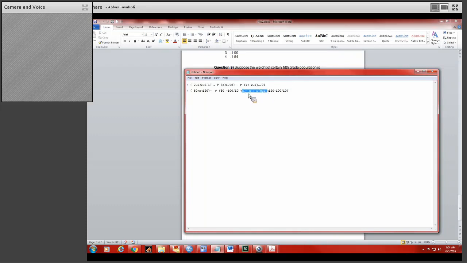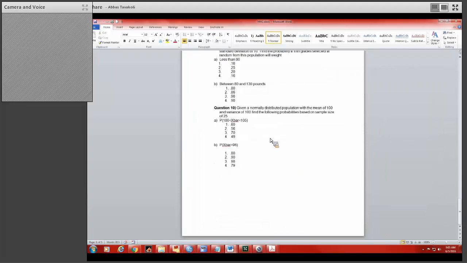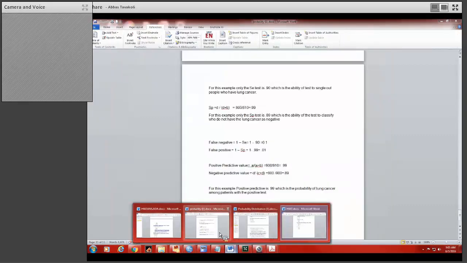Then that would become your X minus mu over sigma, which is equal to Z, and then you do the same thing here, which is 130 minus 100 divided by 10. This becomes your Z, because that is the Z formula. Then you find it like this. The first problem, you find the area.